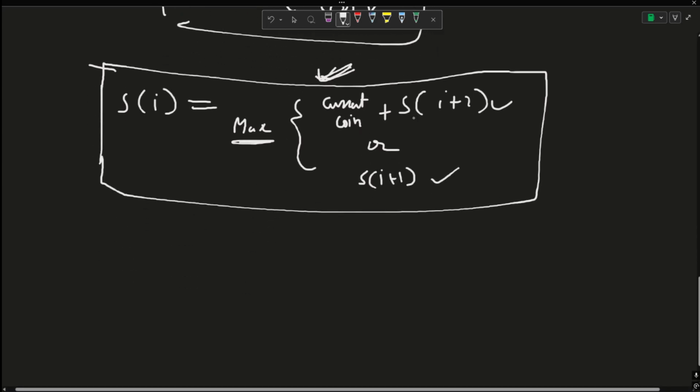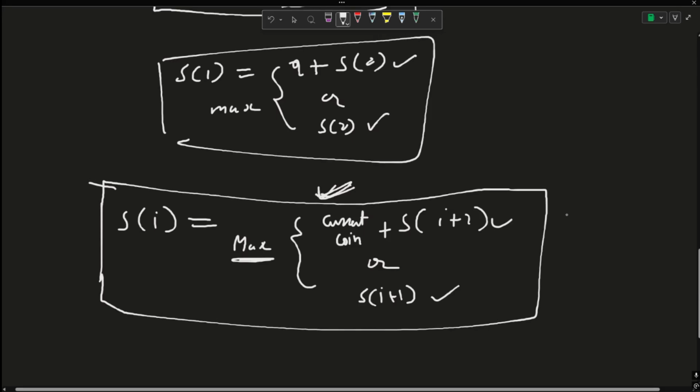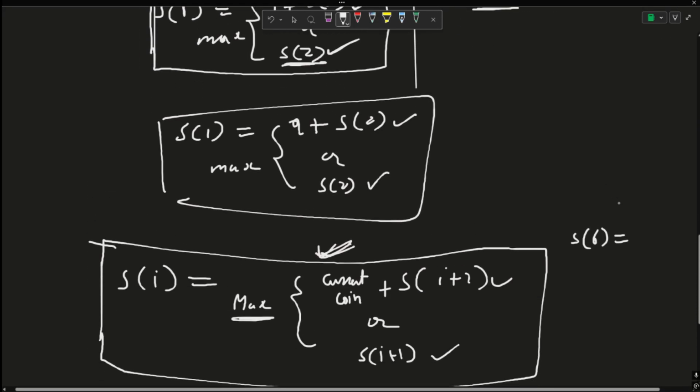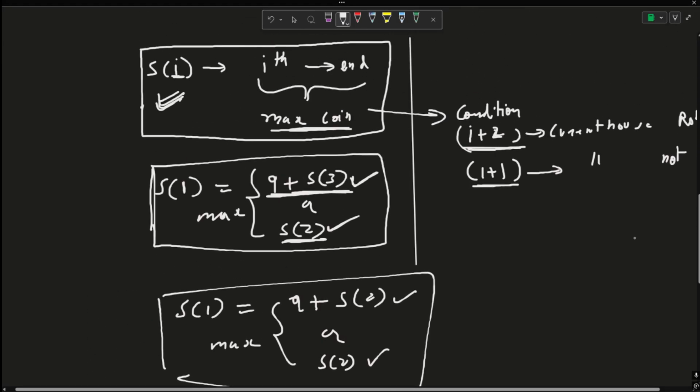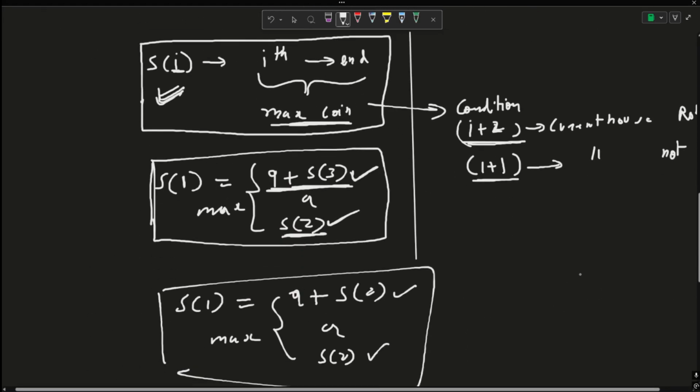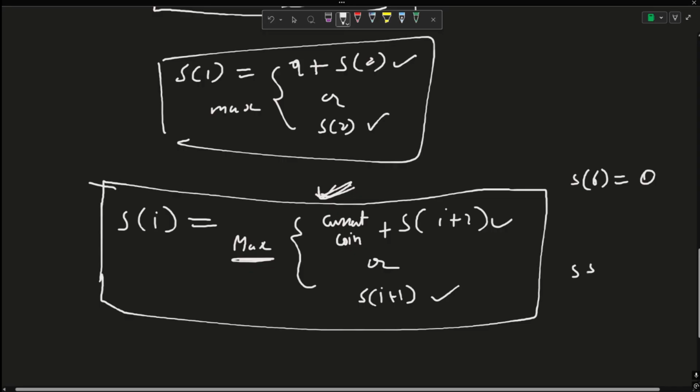Now we can convert this recurrence relation into code, and again the base case would be the same, because if we are calculating S6, there is no sixth house, so it would be 0. And let's say we are calculating S5.